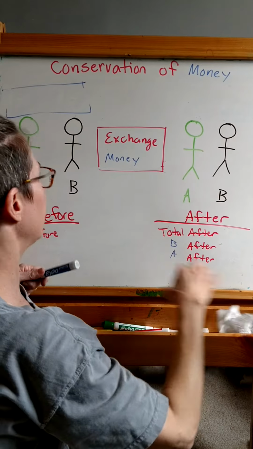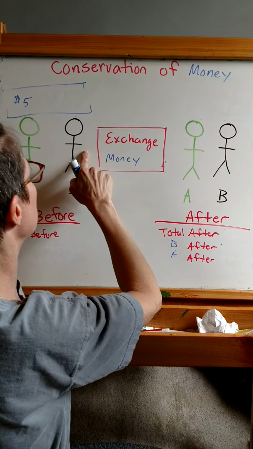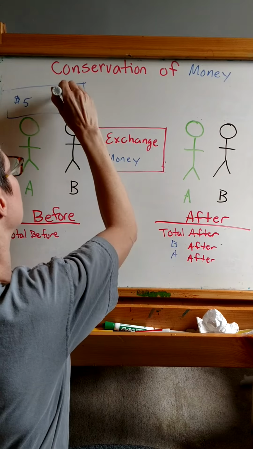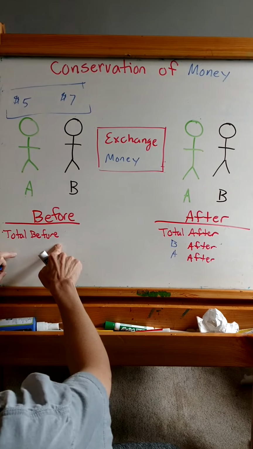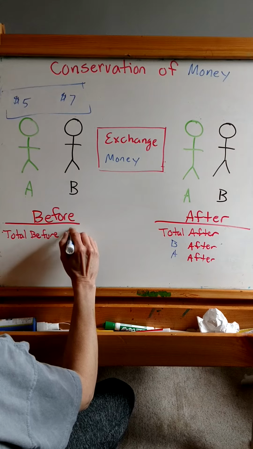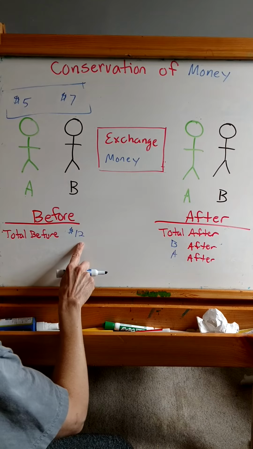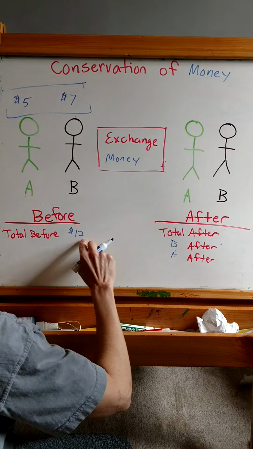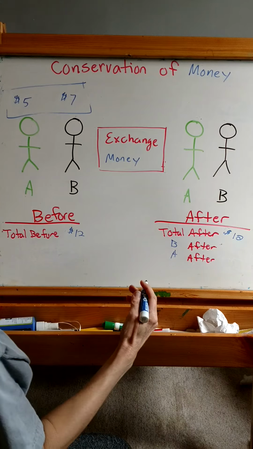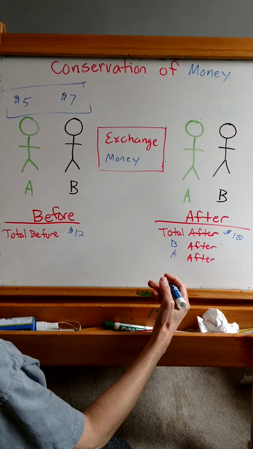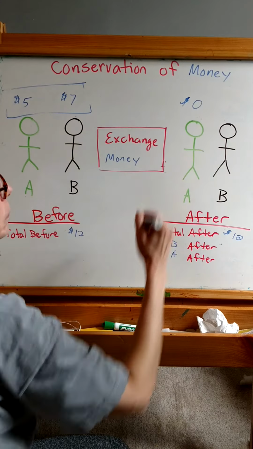So let's say person A has $5 and person B has, let's say, $7. Okay? So I hope you can see this. Their total before is $12. Well, that means that their total after has to be $12. Again, they don't get any from outside. They don't lose any to outside. Let's say that person B has 0 now.